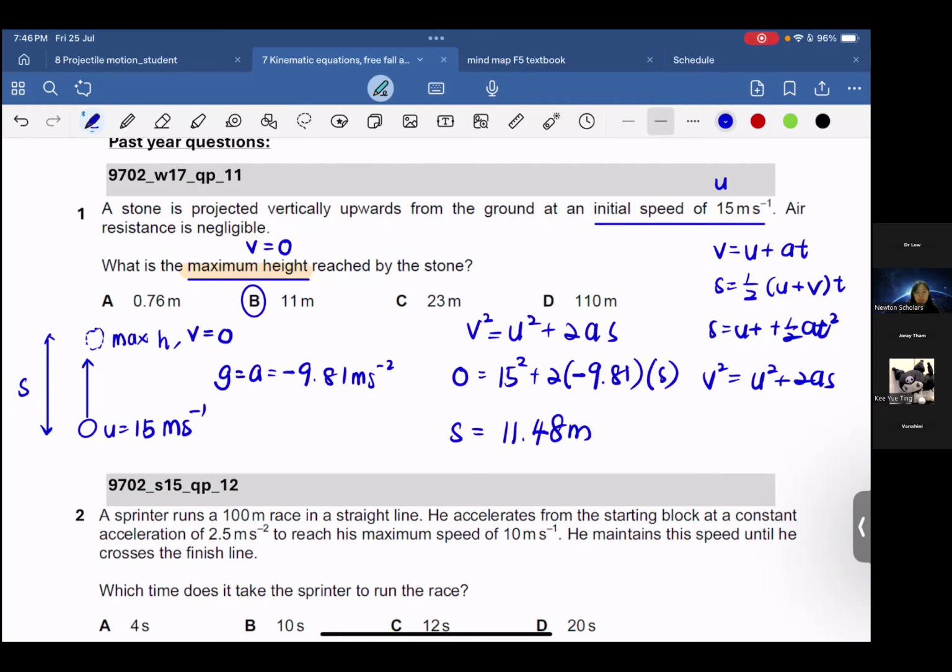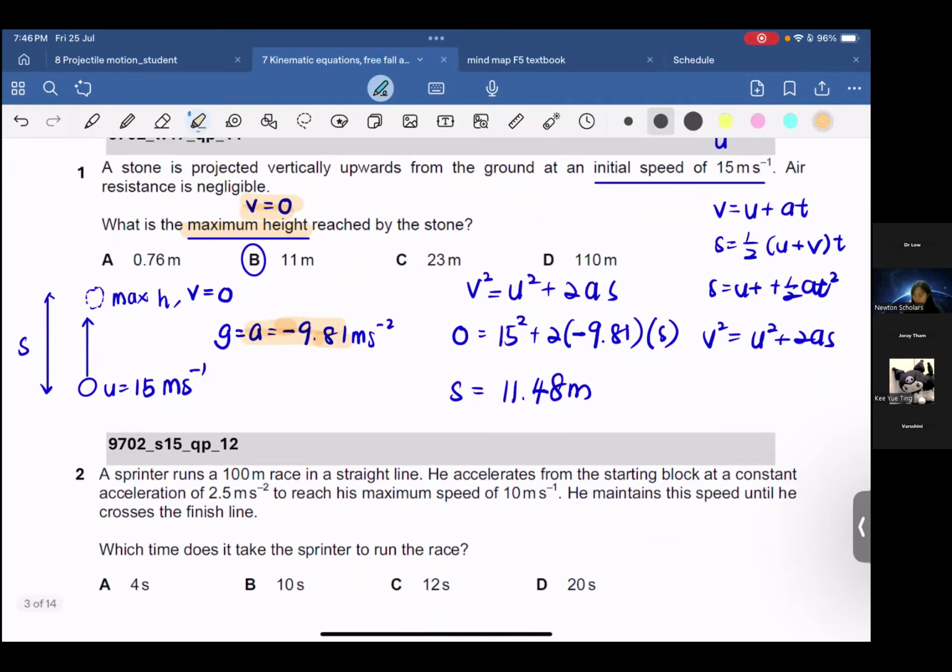At here, the whole question seems like it only gives you the initial speed. But actually, we have to know V equals 0. We have to know A is actually negative 9.81. Okay? So number 2, this one is settled. Other students, okay? If not okay, please let me know.